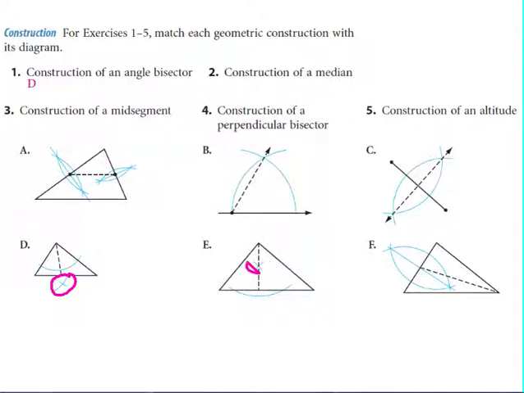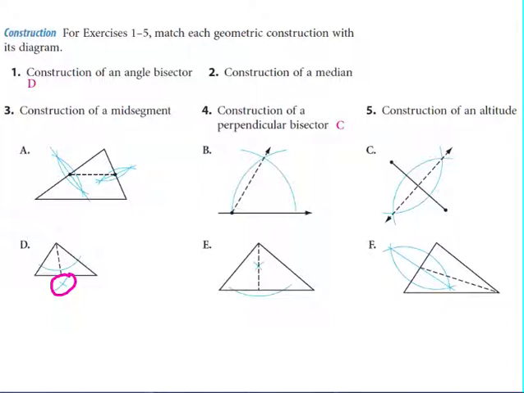Okay, C is a bisector, right? C is a special bisector. What type of bisector is that? Perpendicular. So actually, which one does C go with? Oh, the construction of perpendicular, 4. Yeah. So there we go. We got that one out of the way.